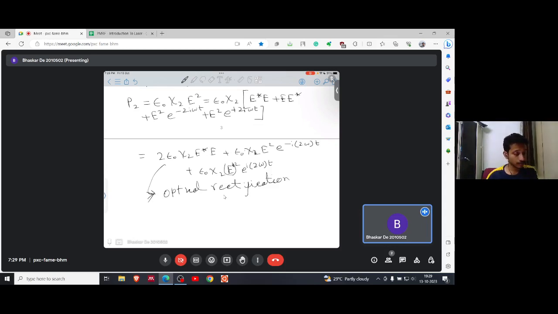So these terms can lead to a significant output from the material at an angular frequency of 2 omega. So these two terms can give you the beam of angular frequency 2 omega. This phenomenon is known as second harmonic generation, but of course in order to generate this 2 omega frequency there are certain conditions that need to be fulfilled, which is known as phase matching.